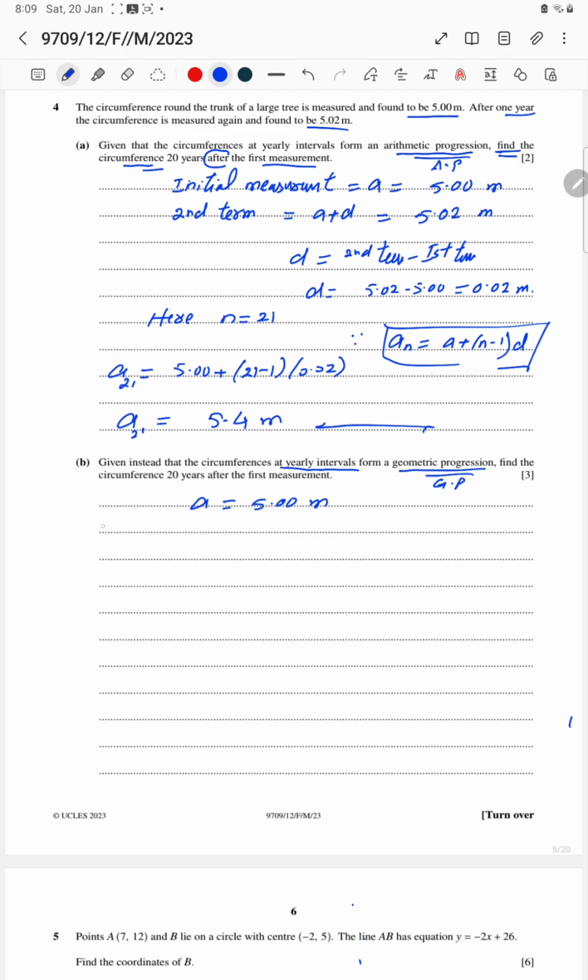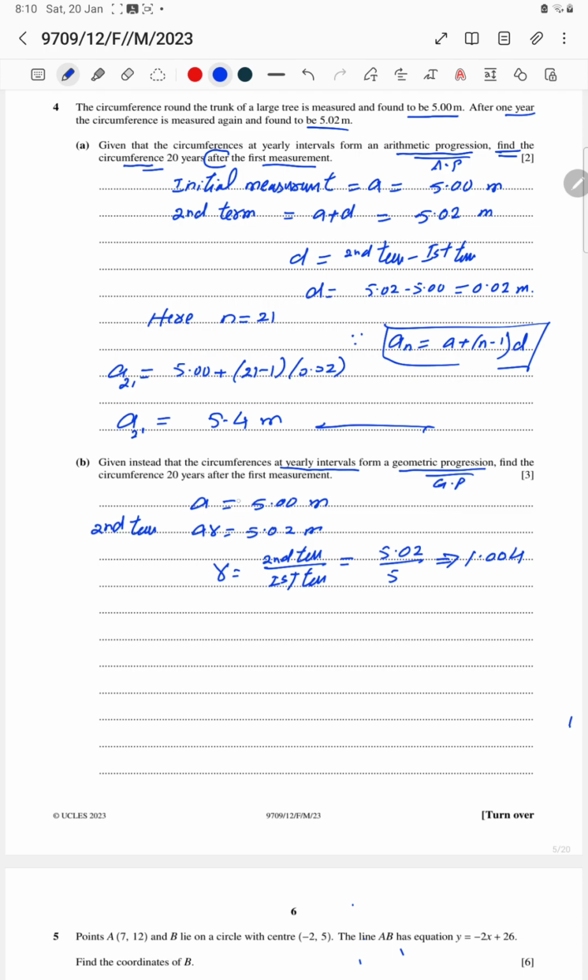But now the second term, in case of GP, will change into ar, that is 5.02, where r is a common ratio, found by dividing the second term by the first term. We get r like 5.02 divided by 5, we get 1.004. Because it is a ratio, it doesn't have any unit.